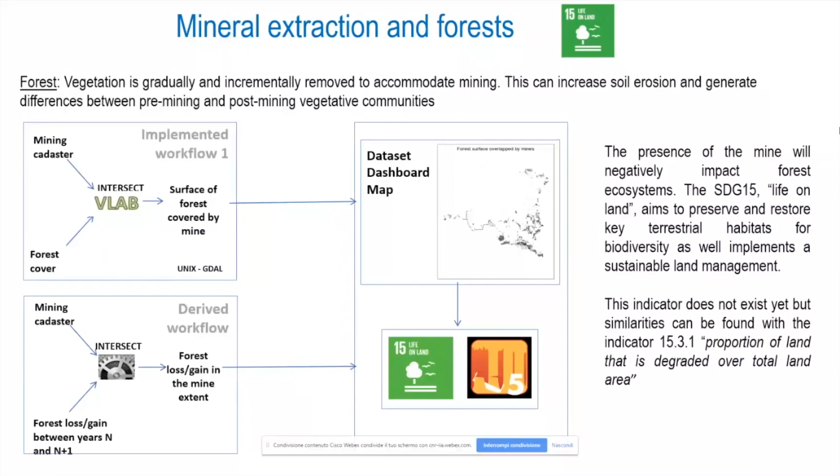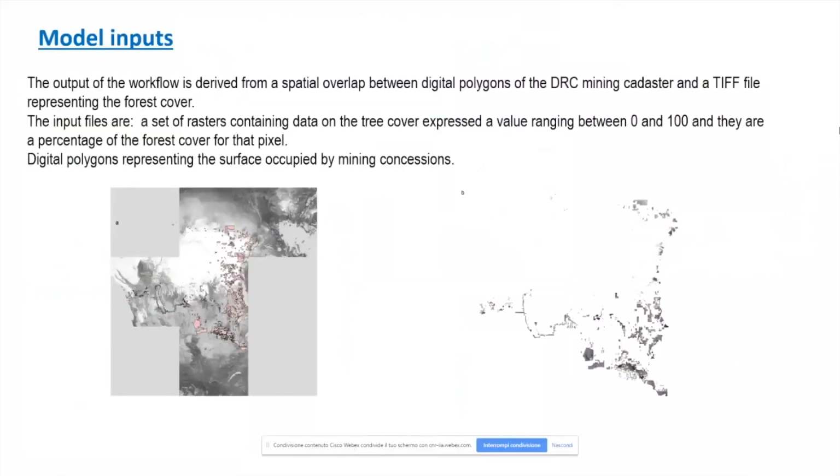And so we started from the assumption that mining sites and forests cannot coexist. So we considered mining concessions as potential extractive sites, and implied that for every mining concession, there's going to be removal of vegetation in order to facilitate the construction of mining facilities.